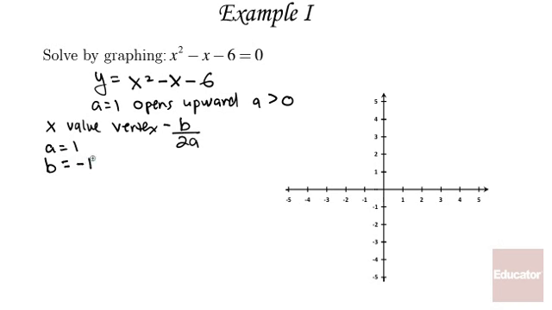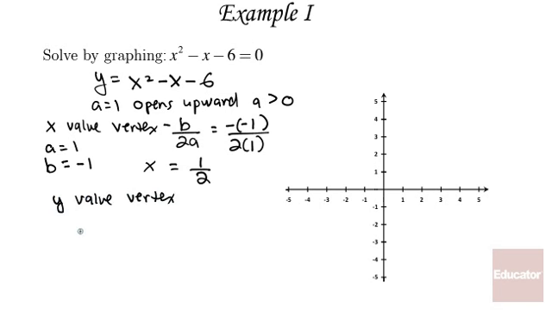Okay, so this is going to give me negative negative 1 over 2 times 1, which equals, negative times negative is positive, so the vertex is at x equals 1/2.